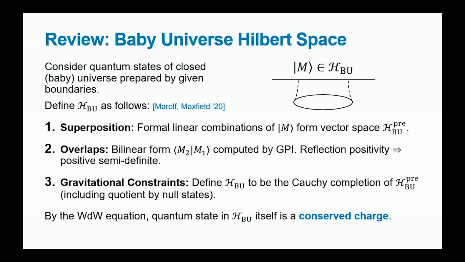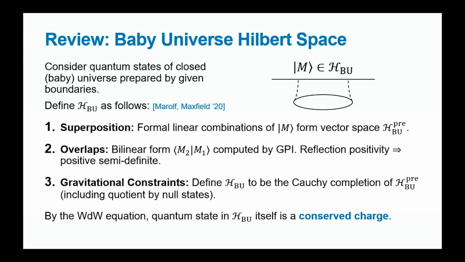And this defines a bilinear form on this pre-Hilbert space. By reflection positivity, this form is positive semi-definite, and so I can form an actual Hilbert space. This is the Hilbert space where I've imposed the gravitational constraint equations. The baby universe Hilbert space is the Cauchy completion of this pre-Hilbert space under the topology induced by this bilinear form.